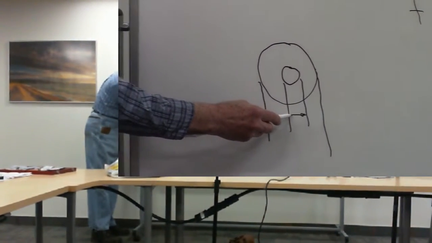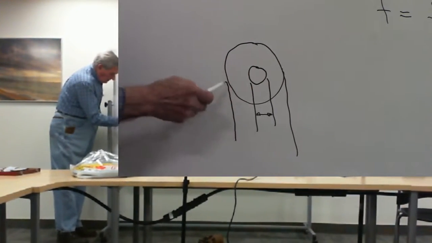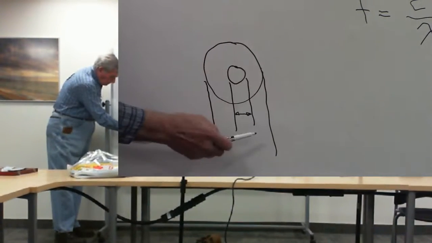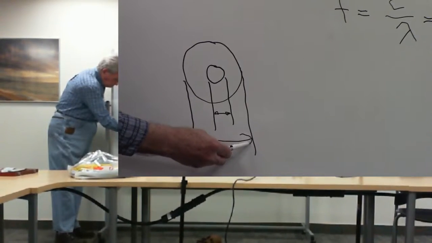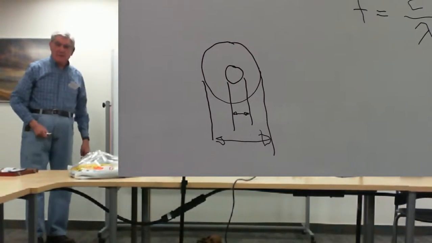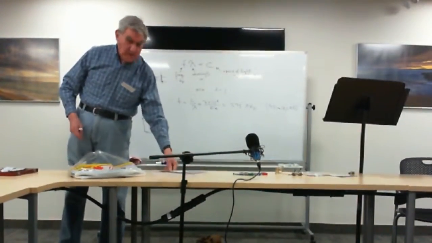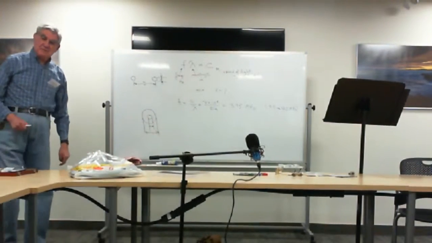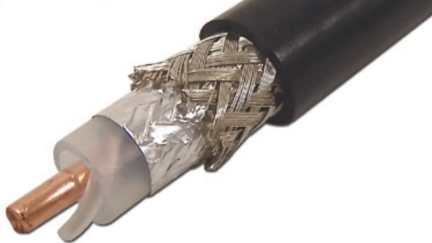The outer diameter of the inner conductor and the inner diameter of the outer conductor. That again you'll find as a formula in the book here, which you do not have to know, but you do need to know that the impedance of a coaxial transmission line does depend upon these two quantities.